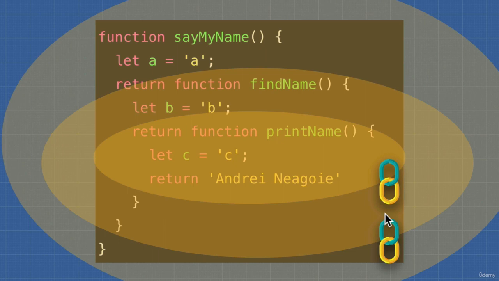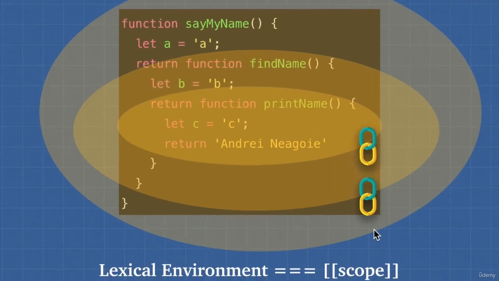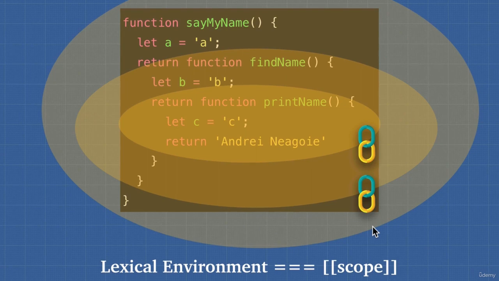And then that outer scope points to its outer scope until it hits the global scope. And the JavaScript spec actually has this internally, where it's [[Scopes]], or scopes.